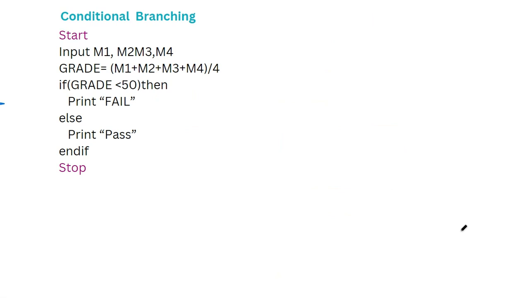So this one now is conditional branching. Why do we say conditional branching? Because we have some condition happening: if, then, else, right? We're going to apply the same tip. We're going to go through each line of the pseudocode and try to determine what symbol of the flowchart it would represent. Start is a terminator. Input here means it's an input output.